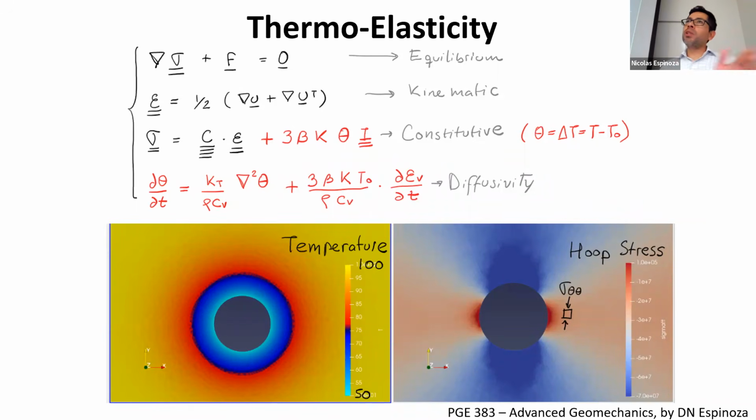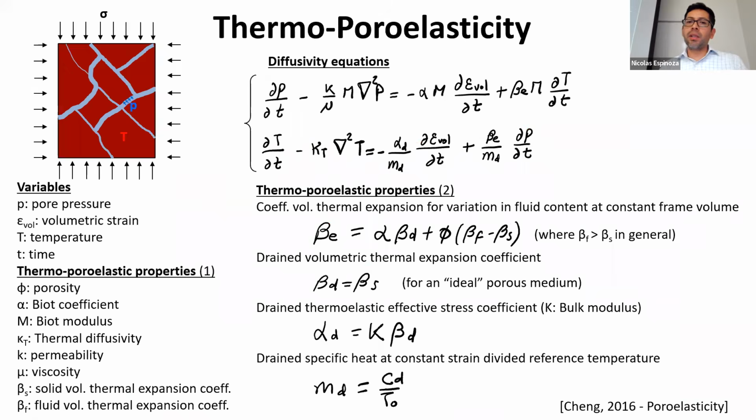However, notice that so far we just have considered rock as solid. Actually, rocks are a little bit more complex than that. You have also porosity, you have fracture porosity, you have matrix porosity. In many cases, in order to be accurate with your predictions, you have to use what is called the theory of thermoporoelasticity.